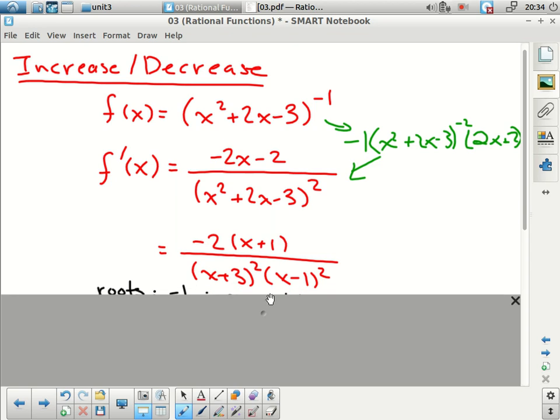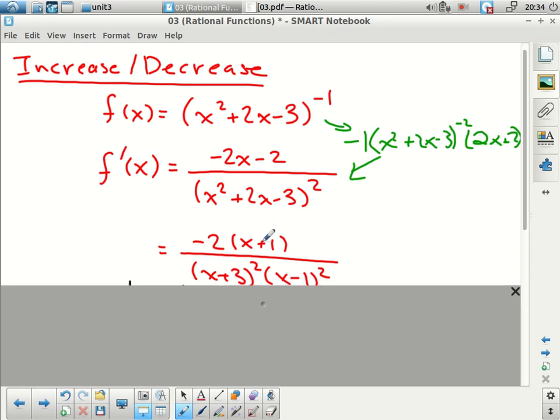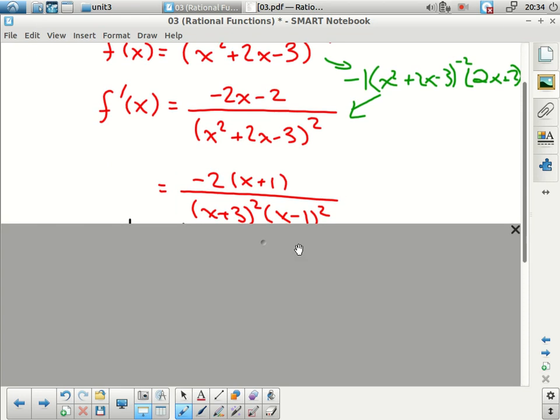Because I'm interested in critical points, I get zeros from roots of the numerator. So I'm going to factor this a little bit. I have -2 times x plus 1. So again, I would get a critical point from here, because it makes my function equal 0.